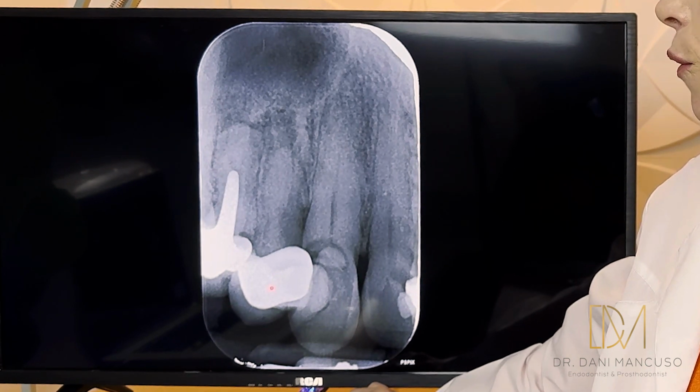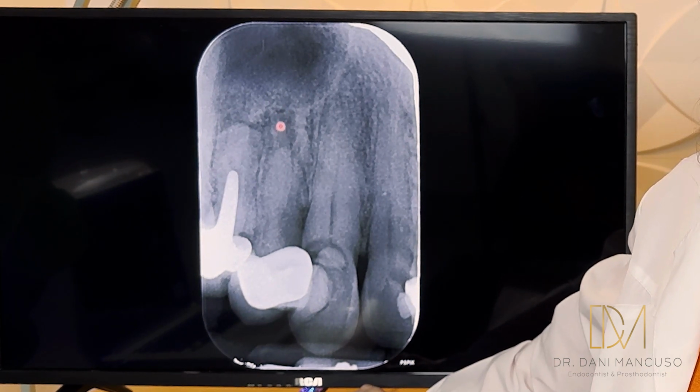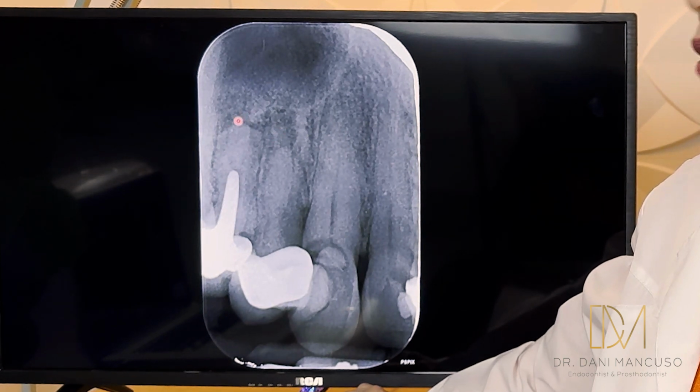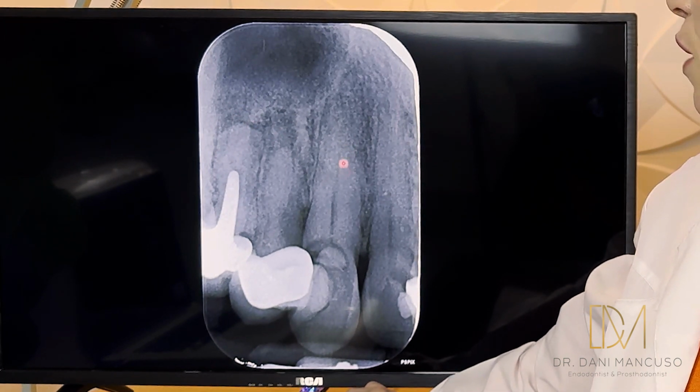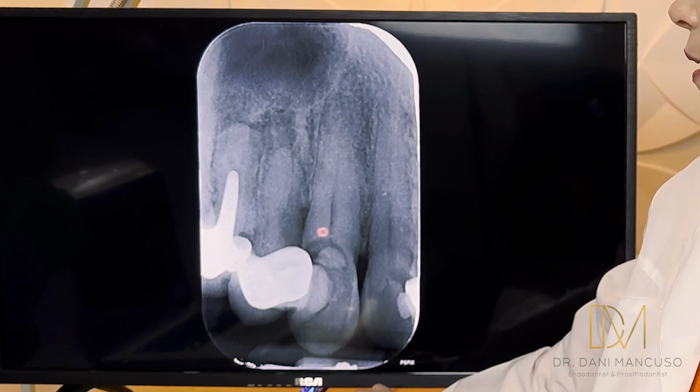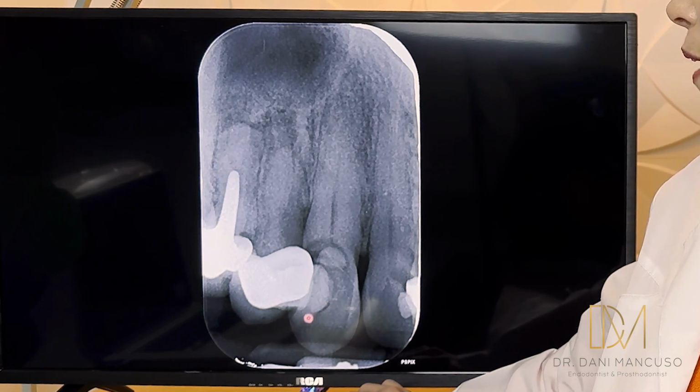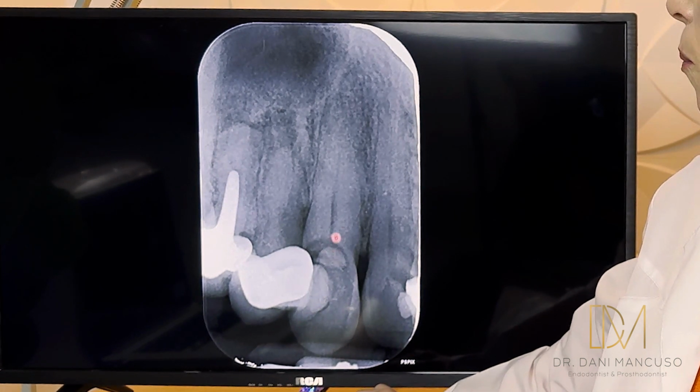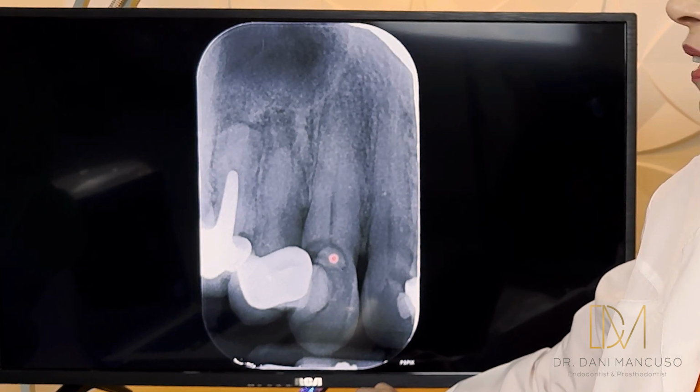On the upper right 4, periapical radiolucency, possibly on the 5 as well. And on the upper right 3, deep, quite large caries, compromising the pulp chamber.